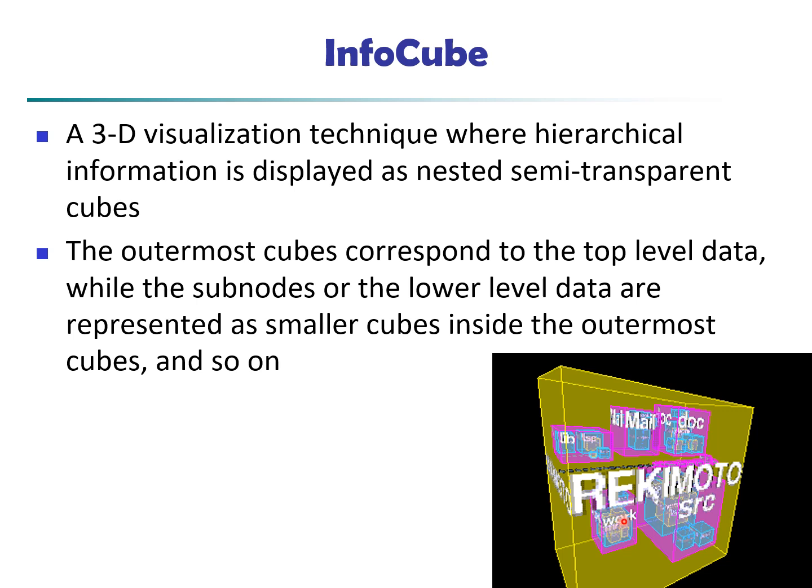So there are cubes within cubes, and the outer cube is the top level of data, and the subnodes and lower levels are represented by smaller and smaller cubes as you go on. It's difficult to view here because the picture is not clear, but you just need to know that it's cubes inside cubes, that this is InfoCube.